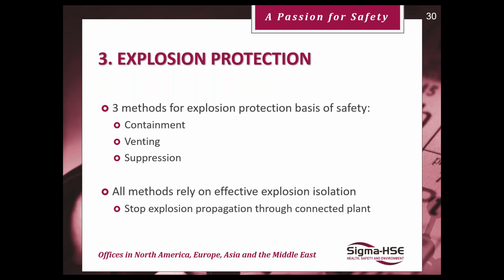And for suppression, we need to detect the ignited event very quickly and put it out by injecting extinguishant. But all three methods need equipment installed to stop the explosion propagating up or downstream through connected plant and making things worse. So we need some sort of explosion isolation.